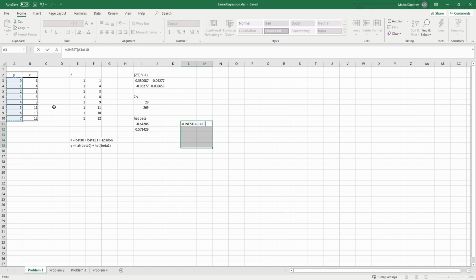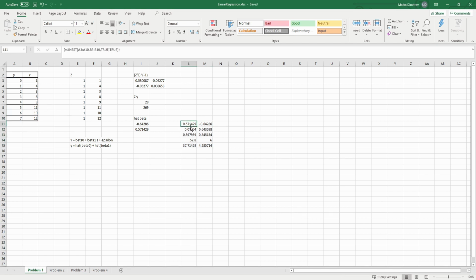Known y's are first, then known x's, or z's in our case. Do we want a constant or not? We want the constant, so this is our beta 0, we'll say true. And do we want additional properties of regression statistics? We'll click yes.